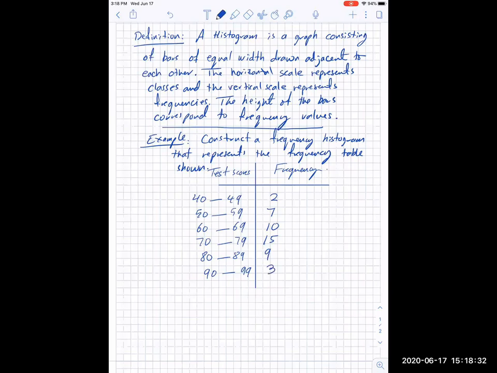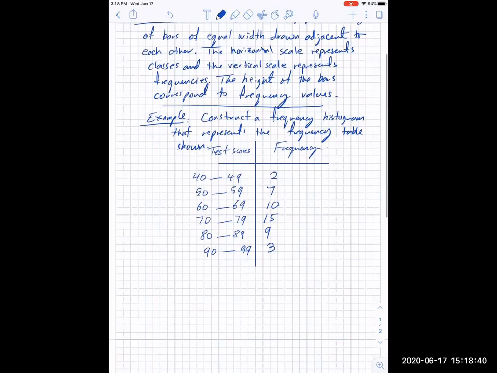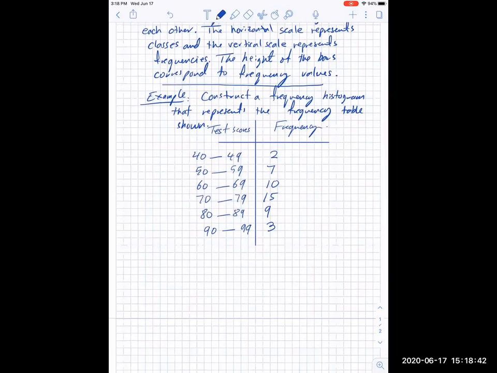So you have the frequency table here, and we're going to convert that table to a histogram.